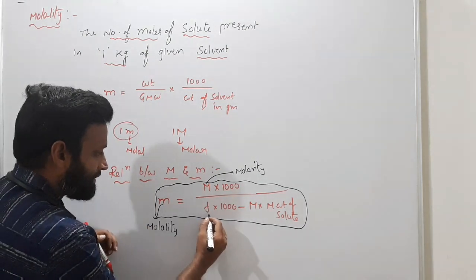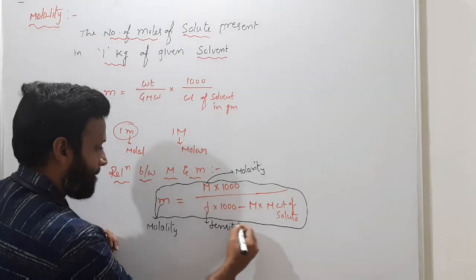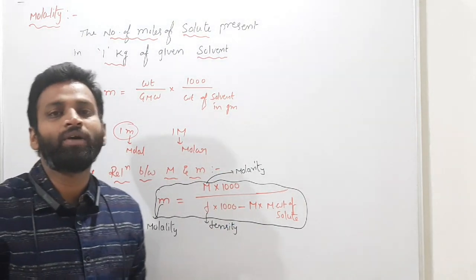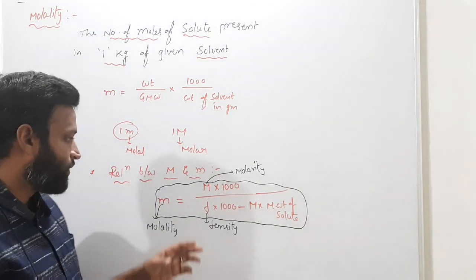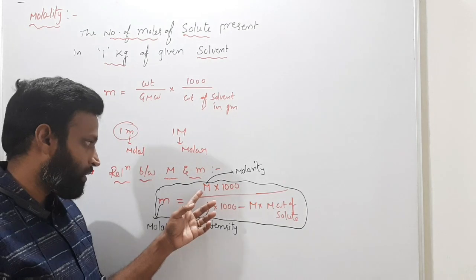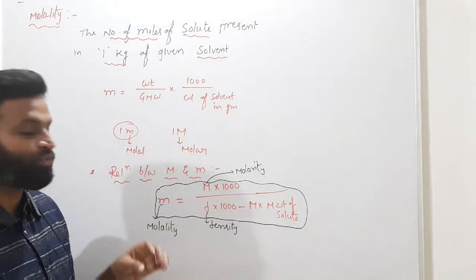What is D here? D means density, the density of solution. They will provide it, so you have no need to worry. If density and molarity are given and they ask for molality, you have to use this formula.